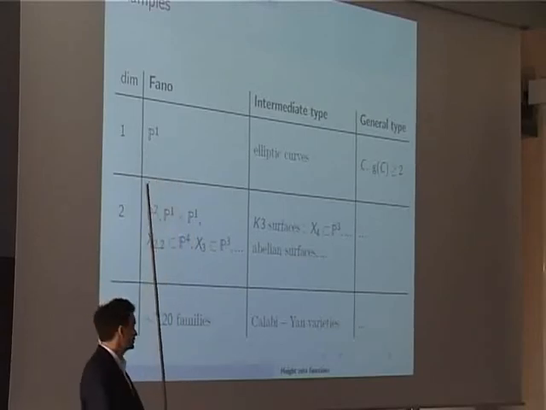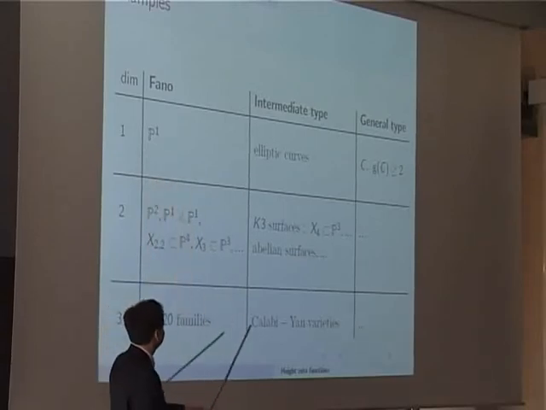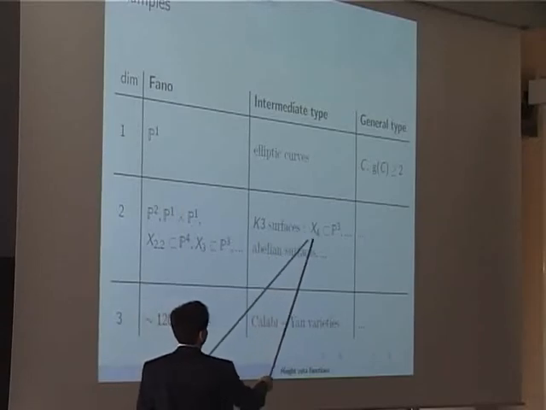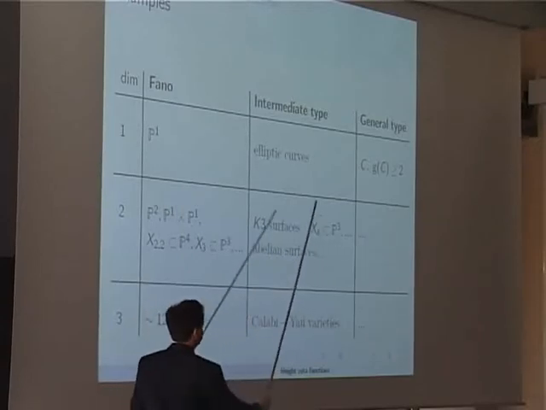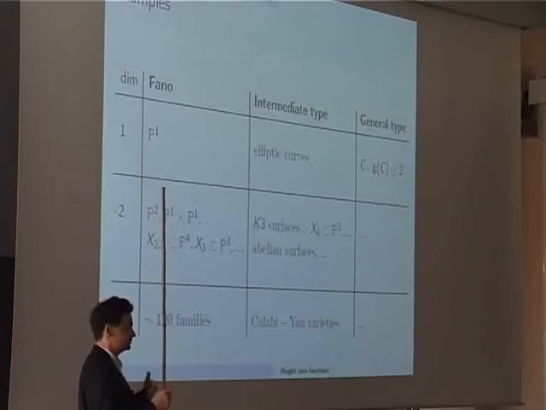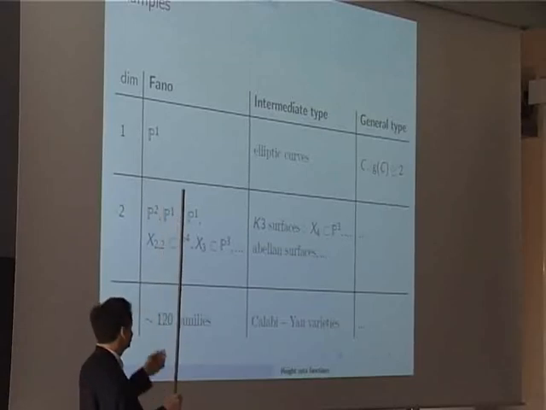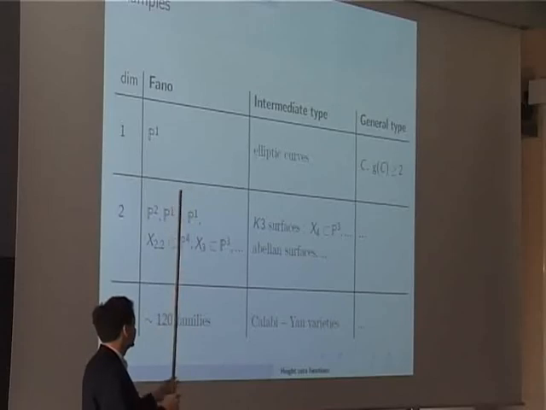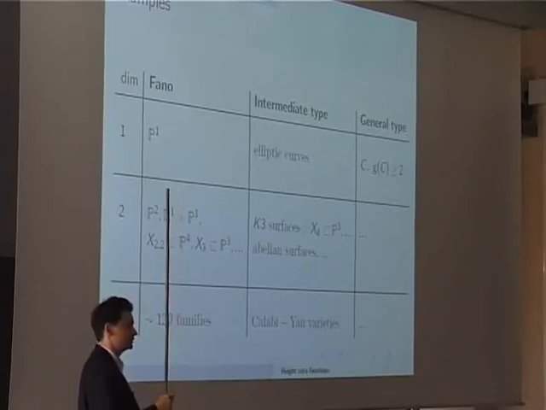So the physicists got interested in Calabi-Yau varieties. It would be a degree 5 hypersurface in P4, for example. Yeah? And there are several thousands of families in dimension 3, so explicit families realized as hypersurfaces in like products of projective spaces, weighted projective spaces, and so on and so on.